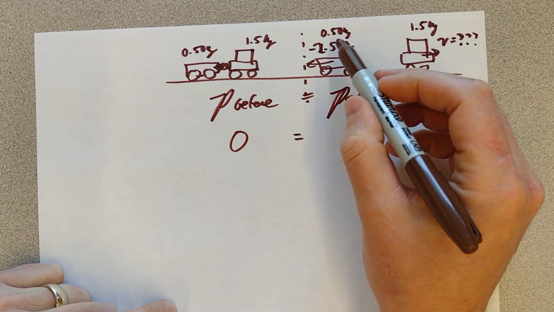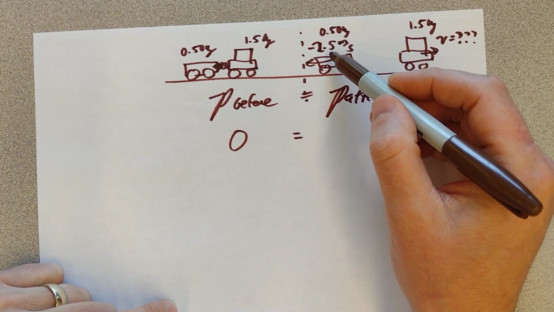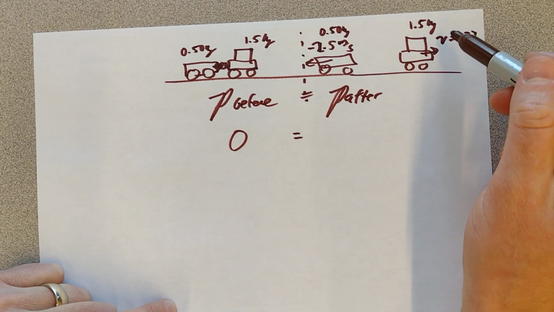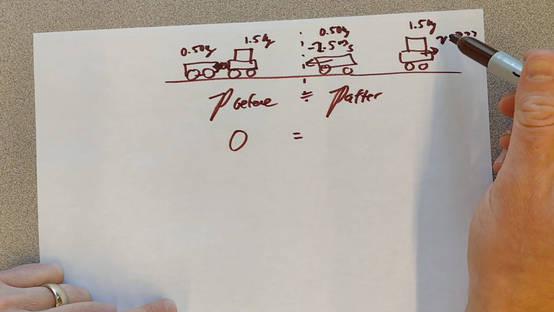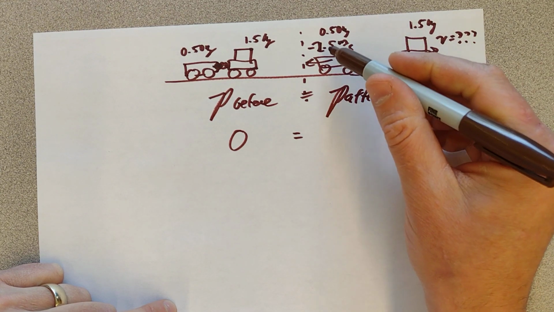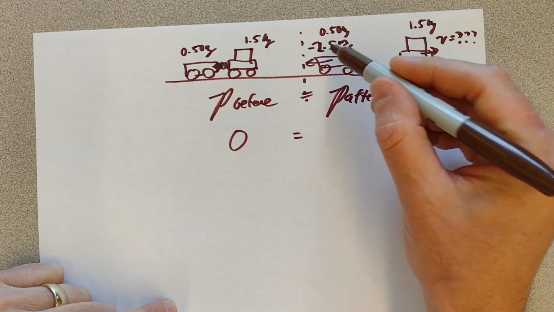So that means these two mVs must be equal. So 0.5 times 2.5 has to be equal to 1.5 times whatever its velocity is. So it's got to be something less than 2.5 because its mass is 3 times bigger. It actually should be 3 times smaller. The velocity of this one will have to be 3 times smaller than this one.